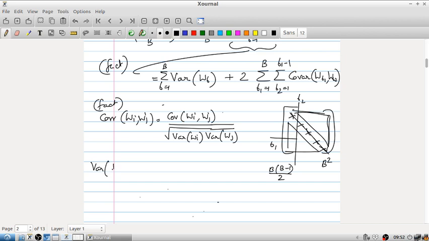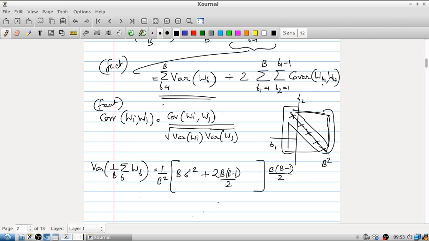Just write that down. Variance of 1 by B sum over little b of w_b is 1 by B square, right? And I just want to plug this formula in, which is going to be sum over b equal to 1 to B of the variance of w_b, and we just said, let's say they are identically distributed, so it's going to be sigma square times B, because there are B terms there, right? Plus 2 times, I'm doing a double summation, and I just said the number of double summation terms is B times B minus 1 by 2, right?